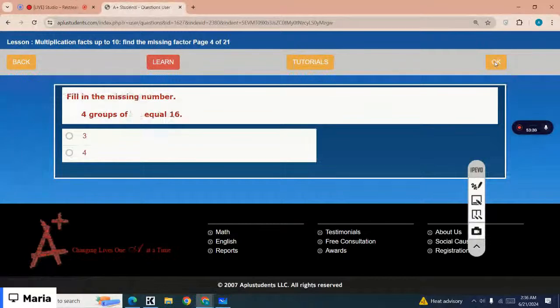Which is the correct option? The correct option is 4 times 4 is 16. Option number 2 is the correct option.